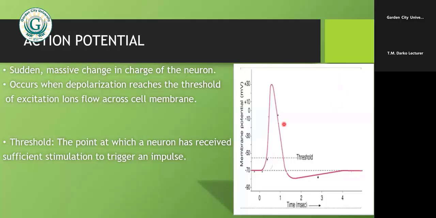All right. So last week I told you, before you generate an action potential, there should be what we call influx of sodium ions into the cell. Now, these sodium ions will enter into the cell. They will get to what we call a threshold, a maximum threshold. Good.